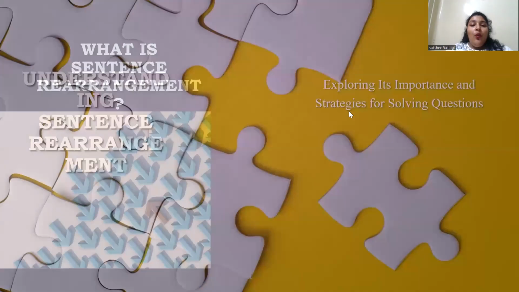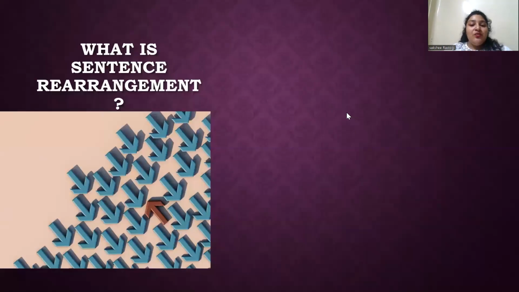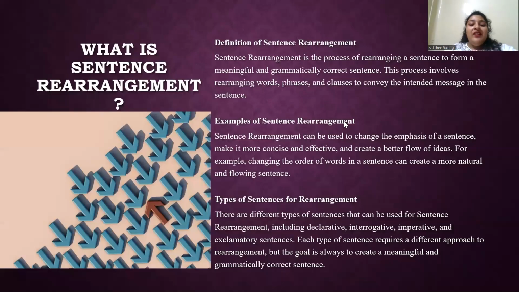So, what is sentence rearrangement? Sentence rearrangement is a linguistic technique that involves reorganizing the words or clauses in a sentence to create a new sentence with different structure, emphasis, or meaning.